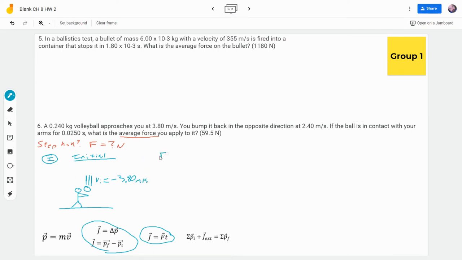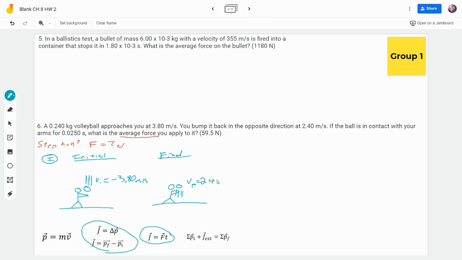Your final drawing: ground, you, there are your arms. The final drawing is you have bumped the ball in the opposite direction. So now the ball is going up. So V final is equal to 2.40 meters per second.